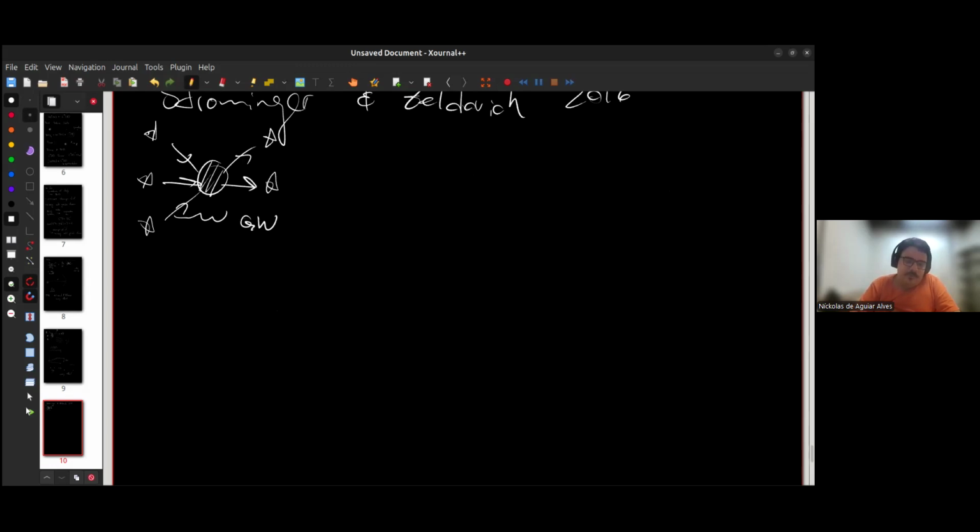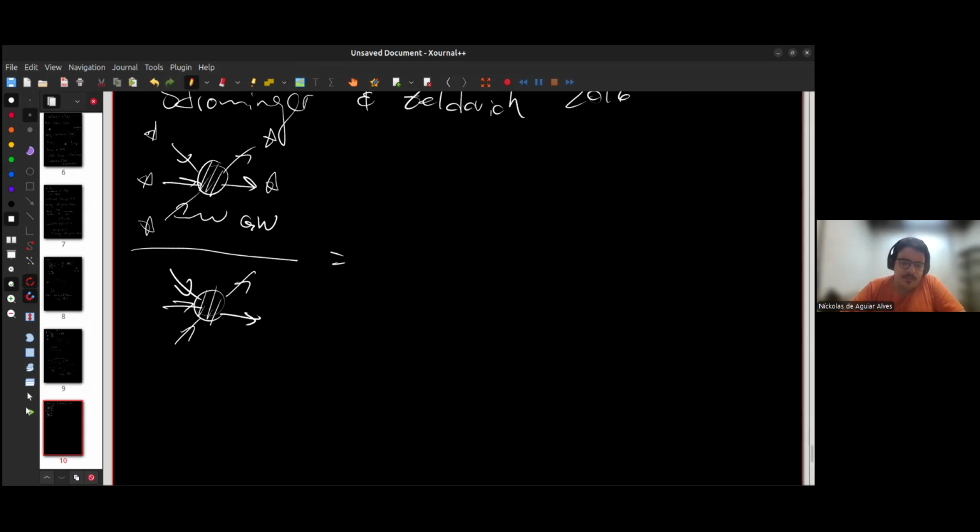To compute this gravitational wave, what I can do is, in a sense, divide by the amplitude without the gravitational wave. So this is going to take out the part of the amplitude that is describing the scattering of the stars and give me just the gravitational wave generated by this scattering. And this can be made more precise when you're working with the generation of gravitational waves in a quantum field theory approach.